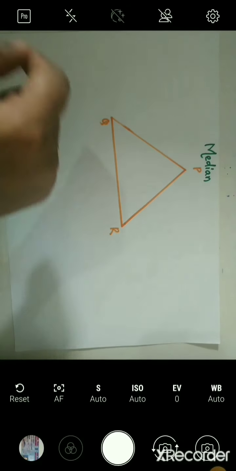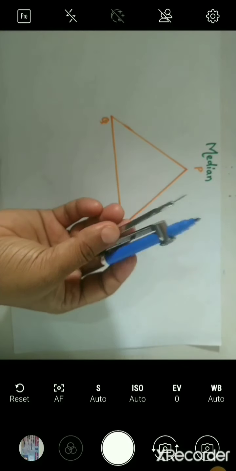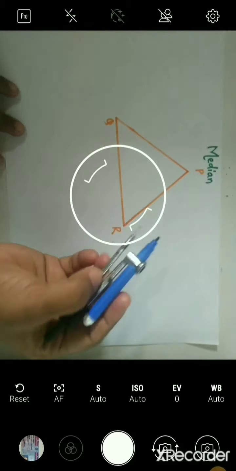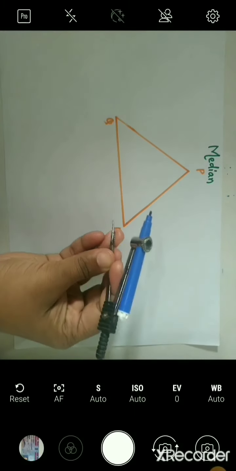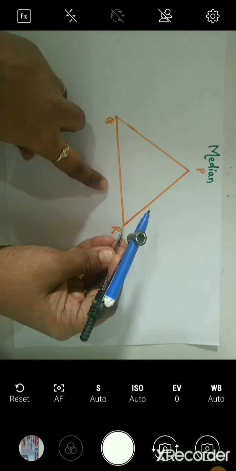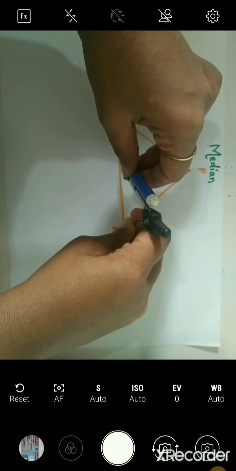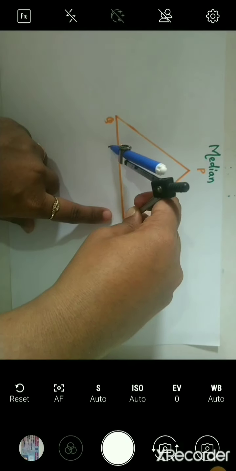And to find the midpoint, I will use the compass. This is the compass, and to find the midpoint I will first take a particular distance more than half of the segment. I'll keep the pointer on R, take the distance more than half of the segment and draw an arc here.